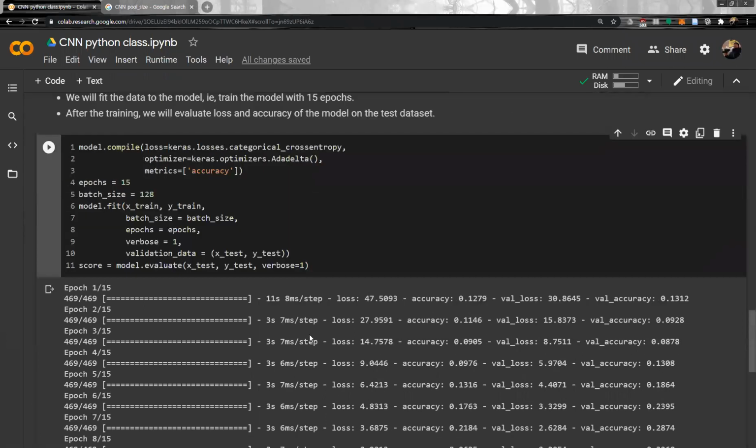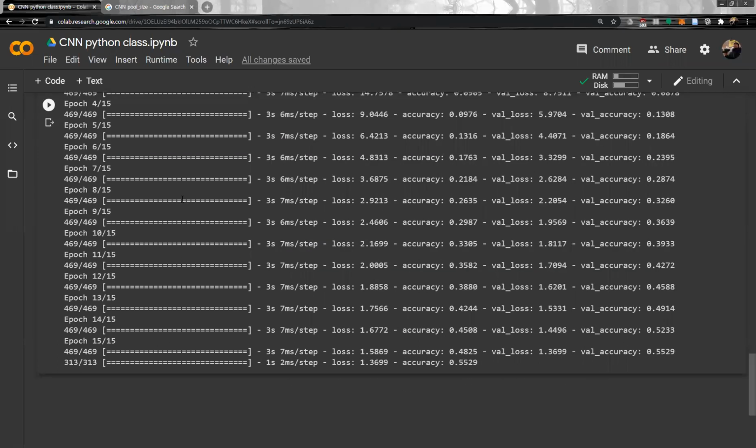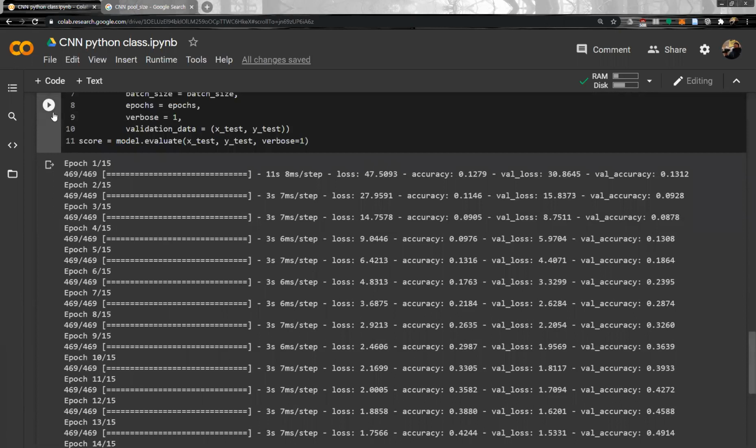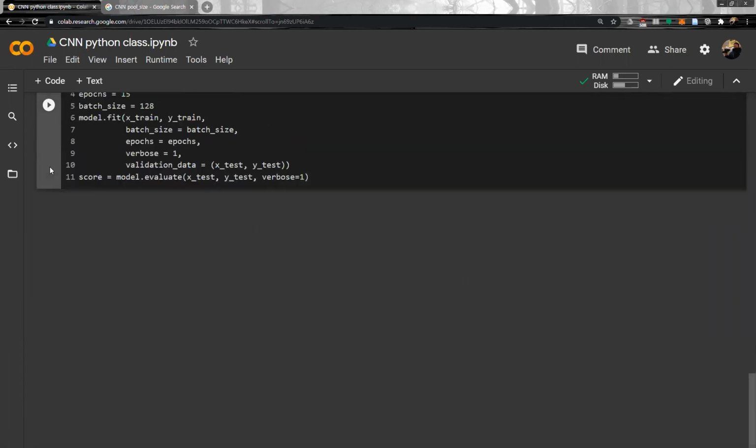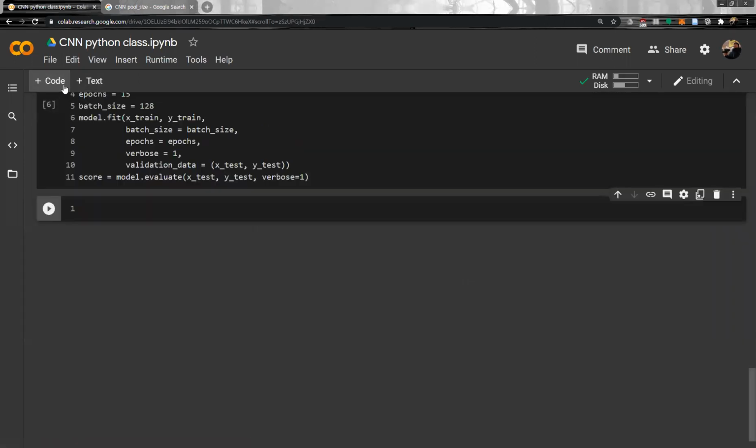Okay, well, we can do like 150 epochs, then it would be more accurate, but then it will take too much time. So yes. So here, the score is like this. Let me take a look at the result more.